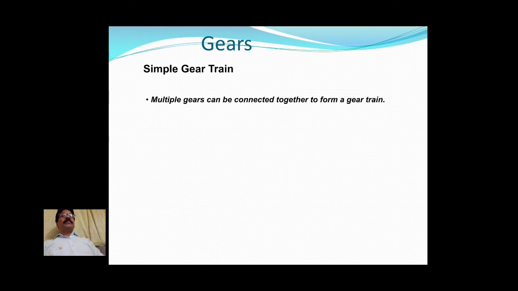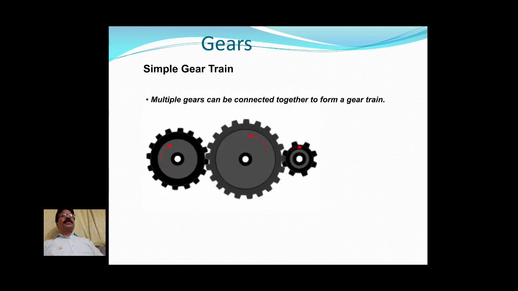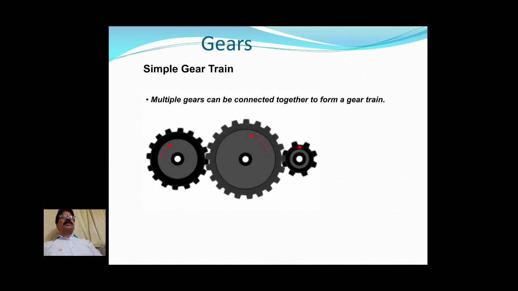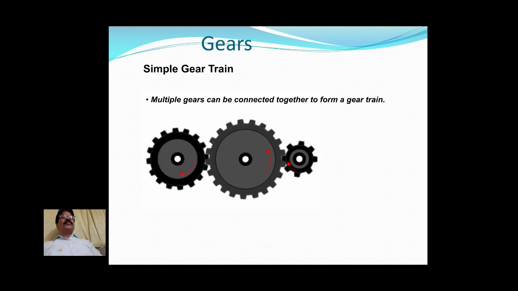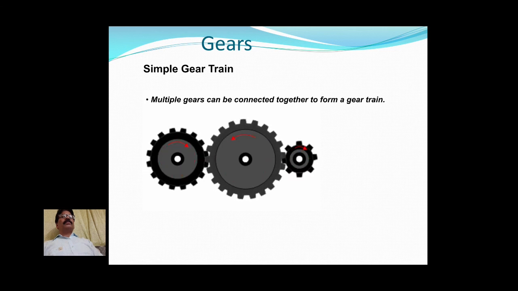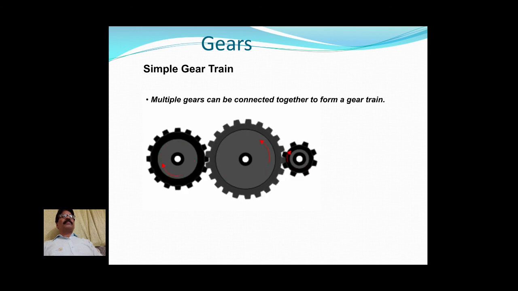Simple gear train. Multiple gears can be connected together to form a gear train. Here you can see 3 gears are connected or meshed together. So 1, 2, 3. The middle one is the idler and the first and third are the driver and driven gears.